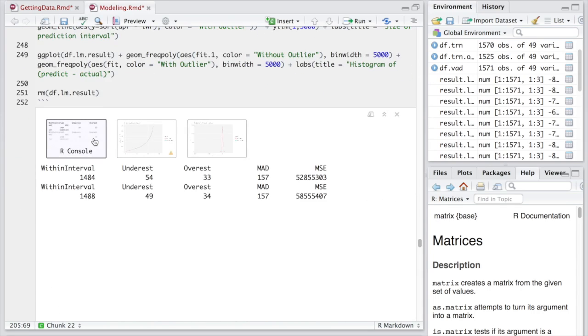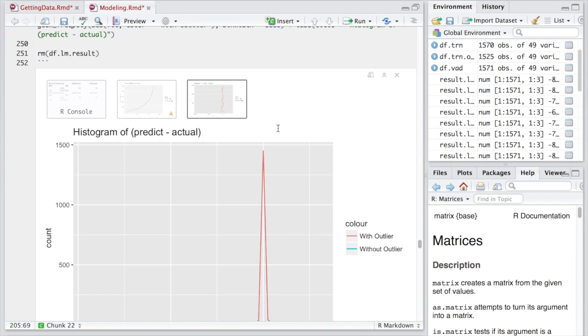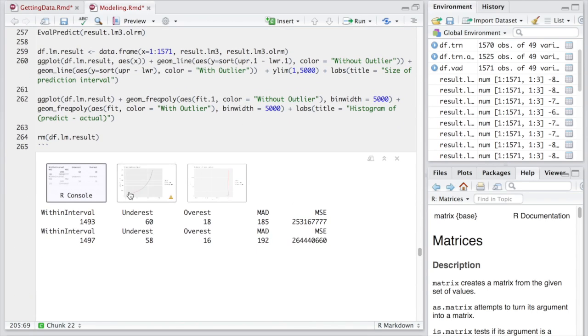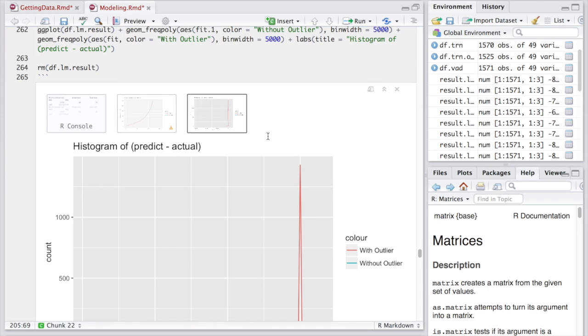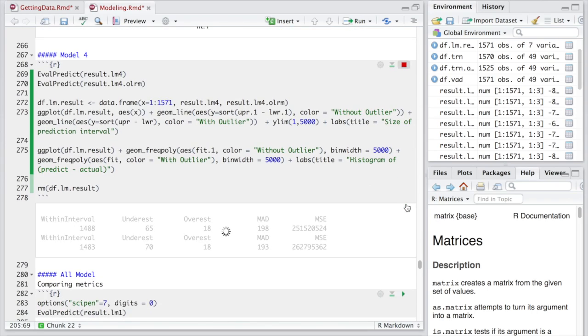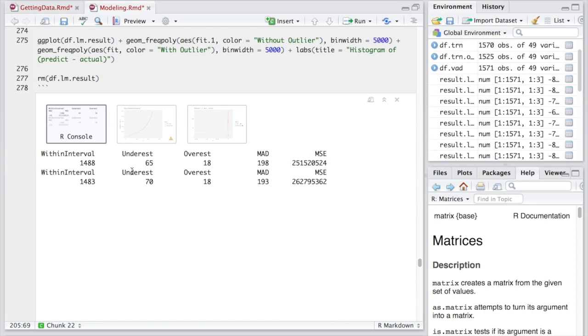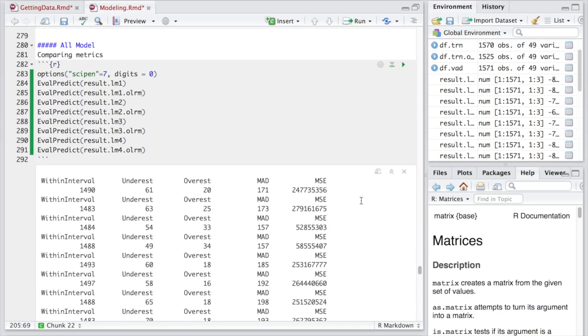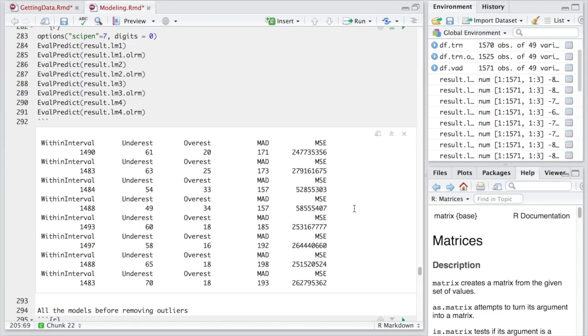Then, I count the intervals that correctly predict the actual value, overestimate or underestimate. I'll also compare the size of the prediction interval for each model, as well as take a look at the prediction error. After doing multiple comparisons, I find out that Model 2 has the best performance.